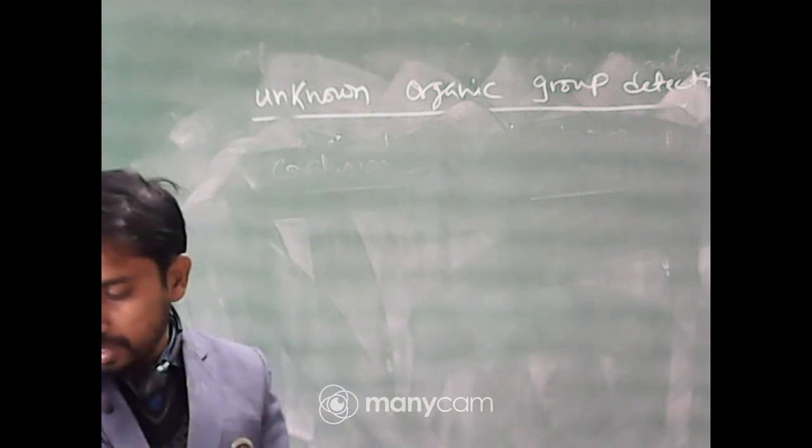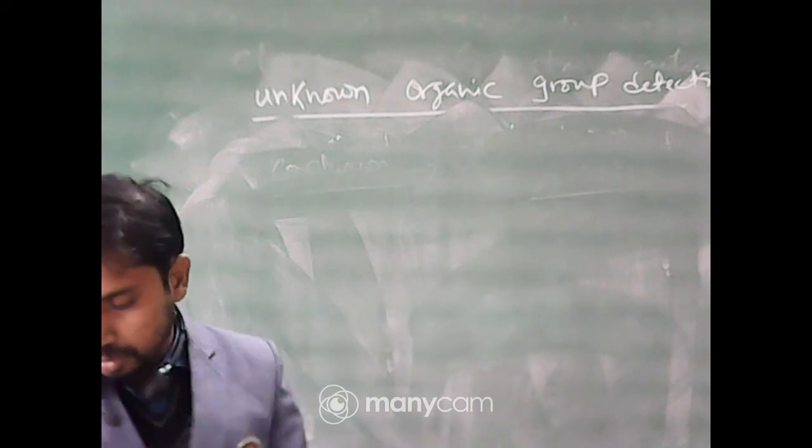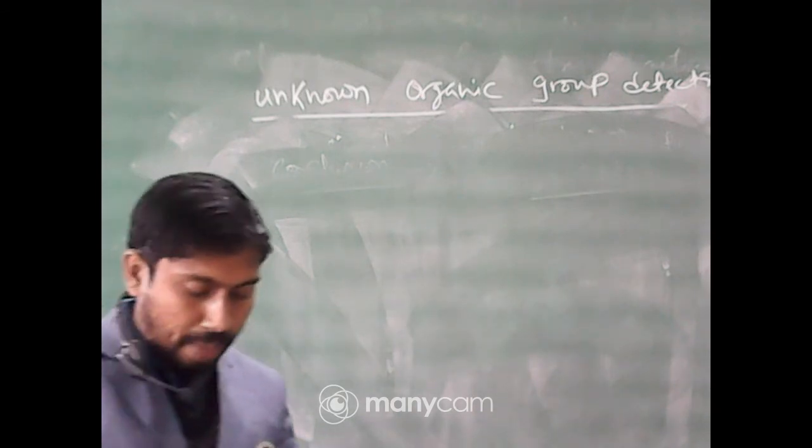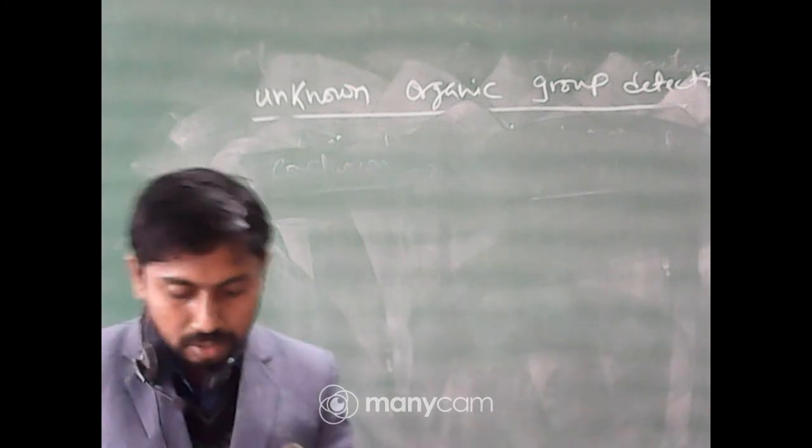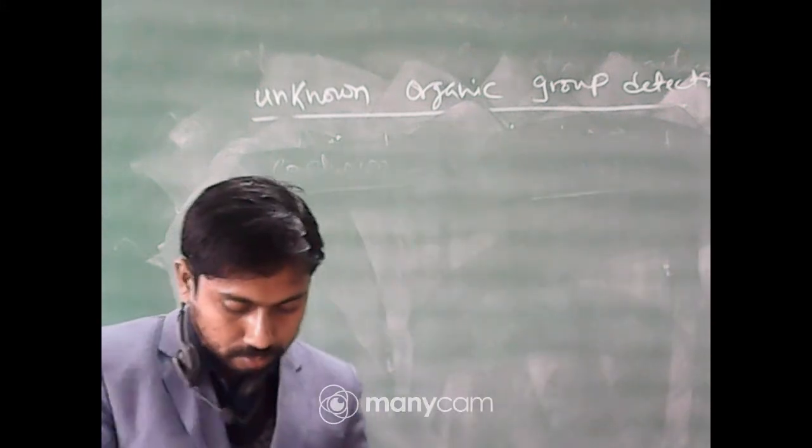Now, what is the observation? First of all, appearance of violet color and then the fading of the violet color. This confirms the presence of ketonic group.